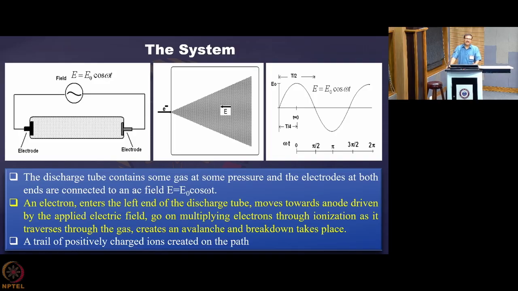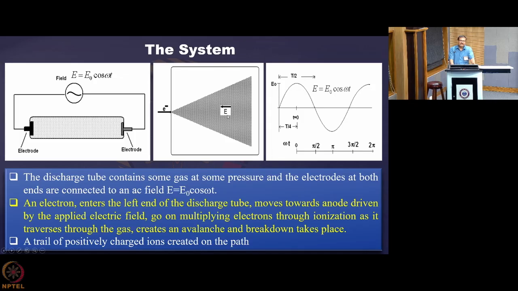But you will see that once the breakdown takes place, for example, suppose we are using this field, and this only gives you the breakdown. This is the field which is just sufficient to make the breakdown. So the moment the field crosses this region, the field is not good enough to make another breakdown.